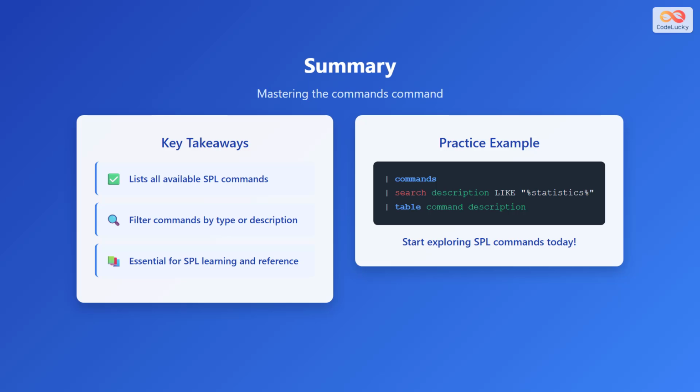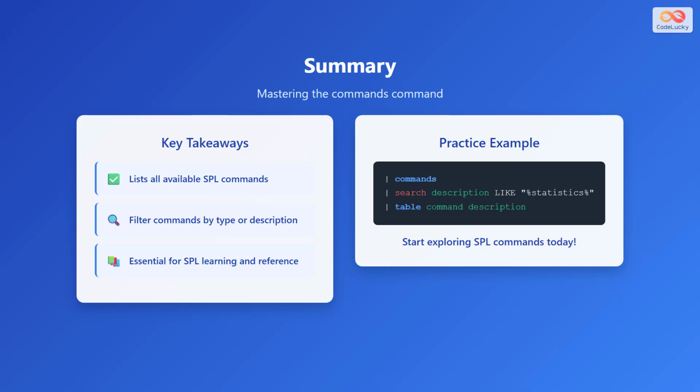To summarize, the Commands command is an essential tool in your SPL toolkit that lists all available SPL commands with their descriptions and usage information. You can filter commands by type or description to find exactly what you need, and it serves as an indispensable resource for SPL learning and reference.